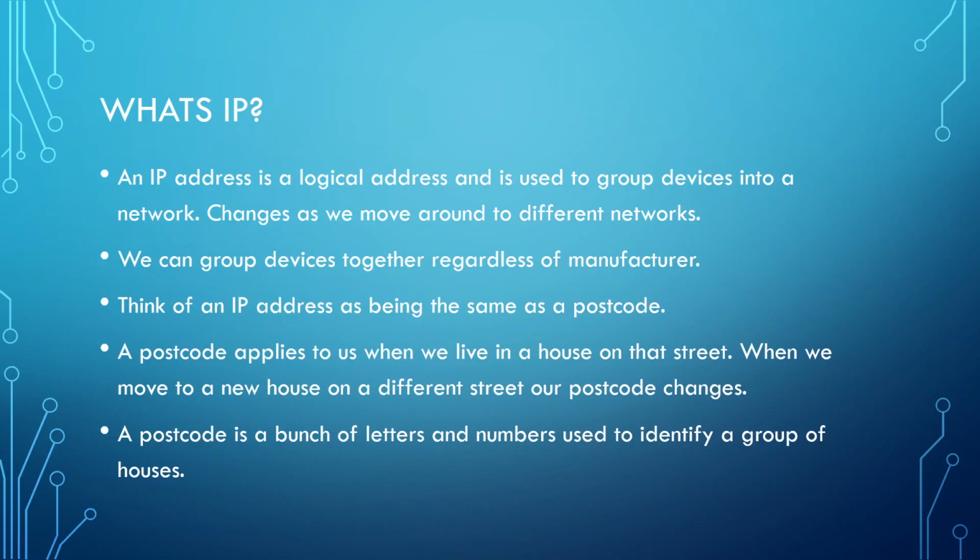So let's first look at what a MAC address is. From the previous video, we know that a MAC address is what we call a physical address, in that no matter which network you move to, that address will stay the same. The reason IP is a logical address is because the network you connect to determines what IP address is assigned to, or bound to, your device. It changes as we move around.